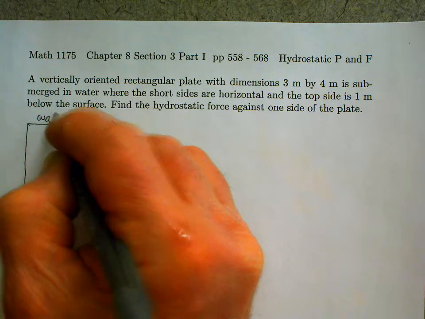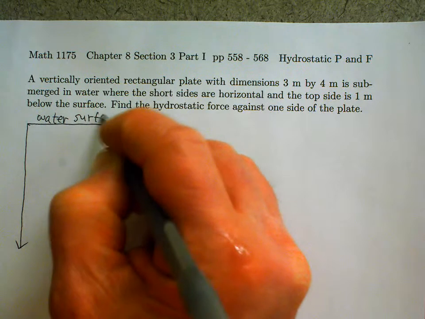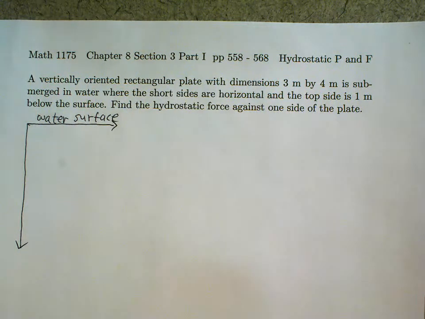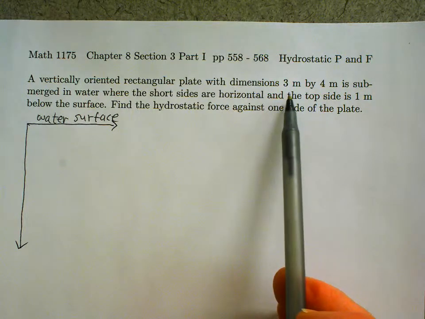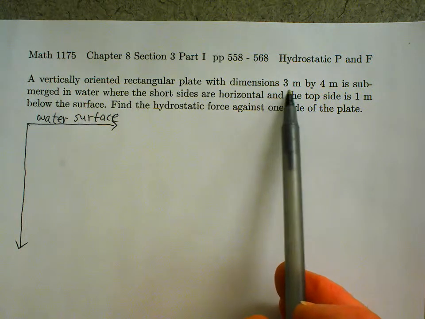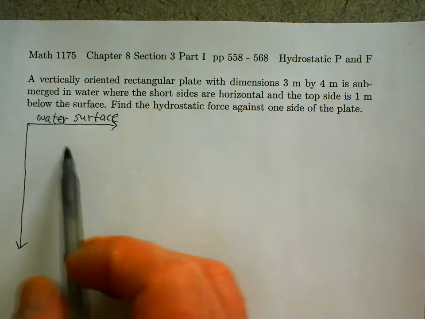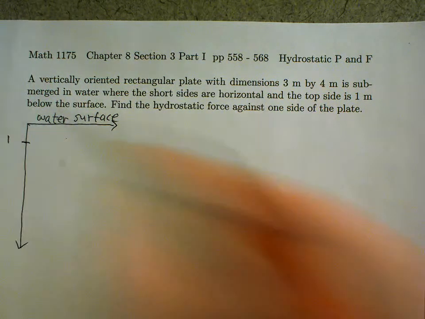So at the top we have the surface of the water, and a vertically oriented rectangular plate. The short sides are horizontal and the top side is 1 meter from the top.